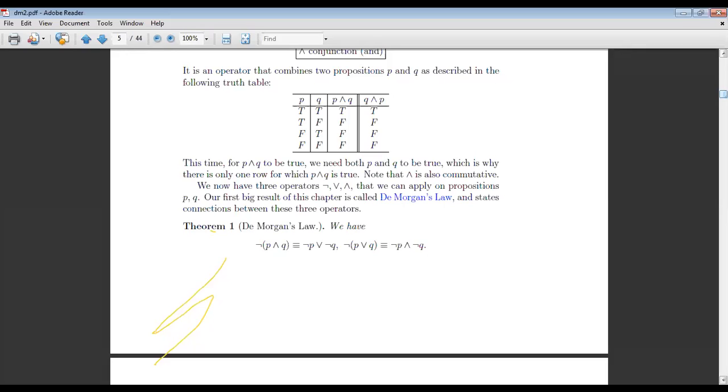P and Q have to be written. Then on the left hand side, P conjunction Q is required, and then negation of P conjunction Q. On the right hand side, negation of P is required, negation of Q is required, and negation P disjunction negation Q is required.